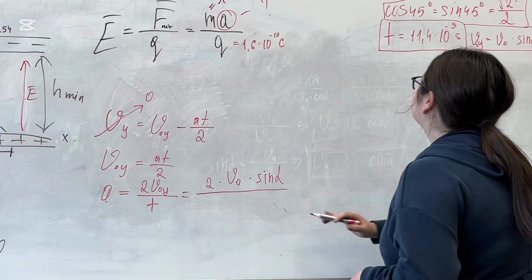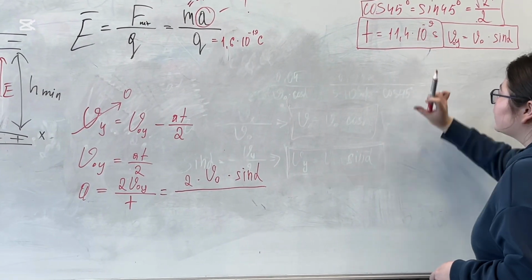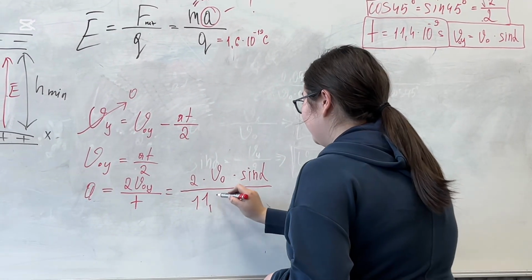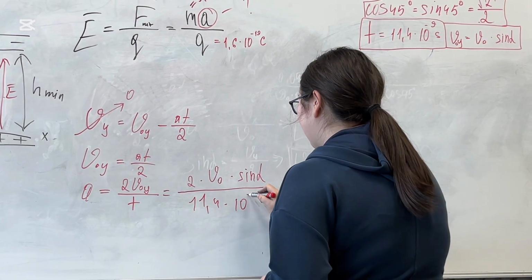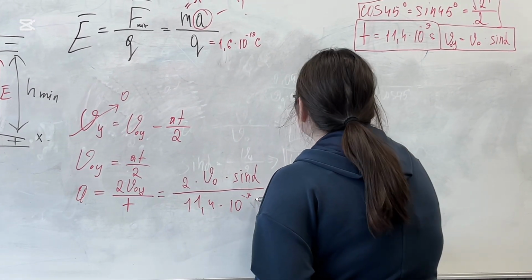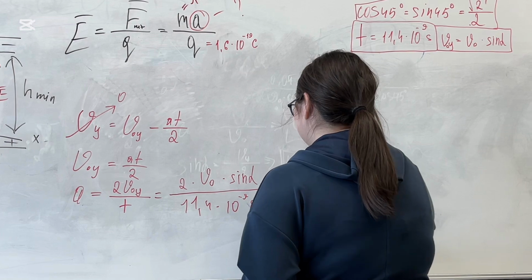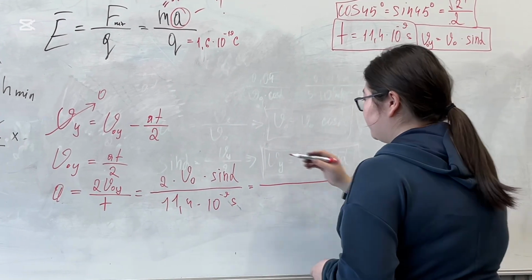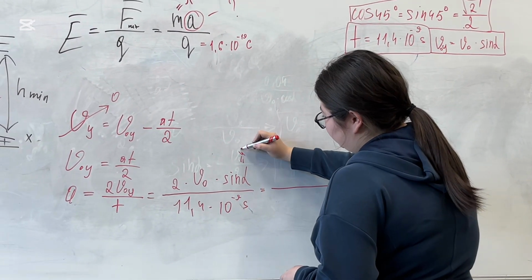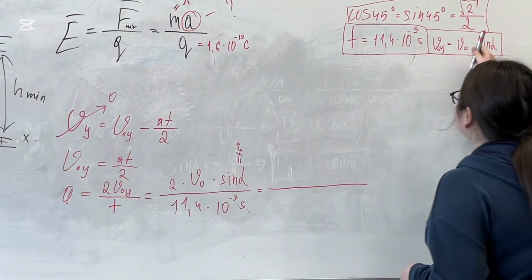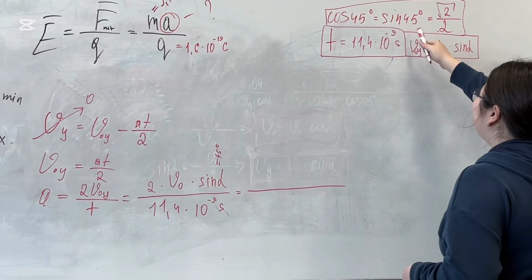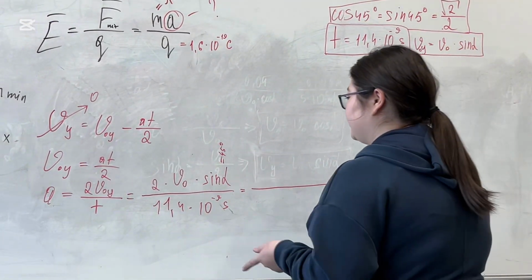We found it previously, we wrote it here: 11.4 multiplied by 10 to the power of -9 seconds. We know that our angle alpha is equal to 45 degrees, and we wrote it also here that sine and cosine alpha are the same at 45 degrees.